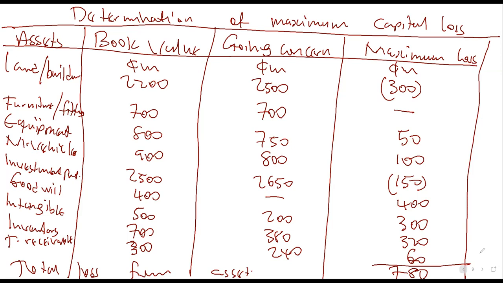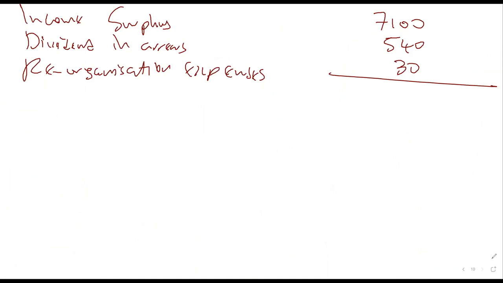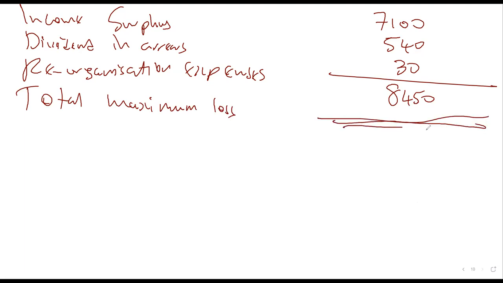So 780 plus 7,100 plus 540 plus 30 will give us 8,450. That's the total maximum loss. So this is the total loss they have to claim before the company can be whole.